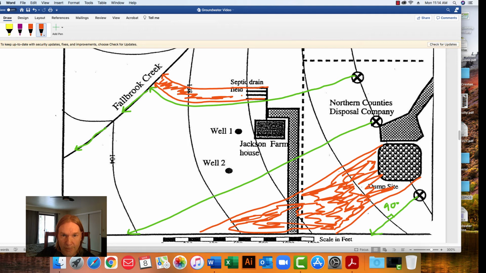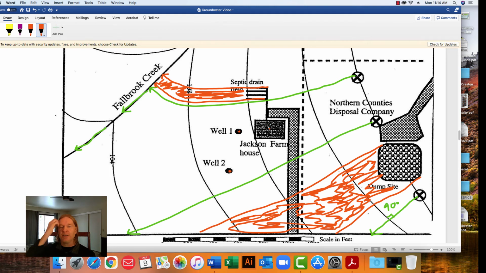Okay, so under these conditions, both the dump site and the septic drain field are going to move away from these two wells. These two wells are basically safe under these conditions. The dump site is missing, and so is the septic drain field.